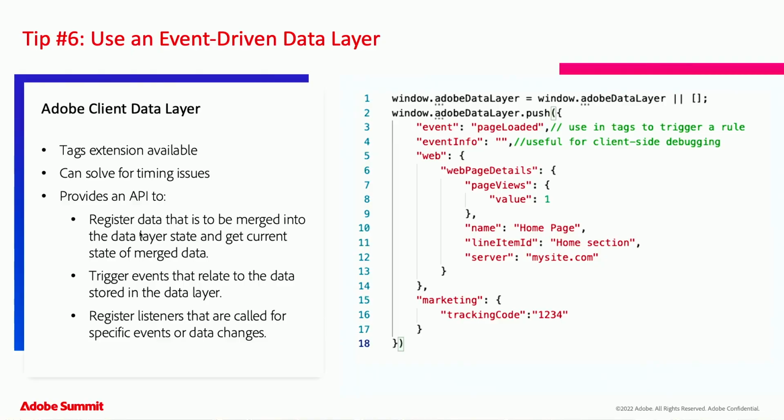And there's some event info that is useful when you're using Launch. It's exposed in Launch. It can be used for a rule. And the other data being passed, web page details, and the line item ID and server and the marketing tracking code, these are all just pushed into the data layer, and this triggers an event.